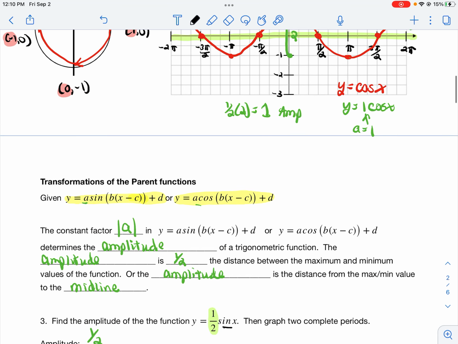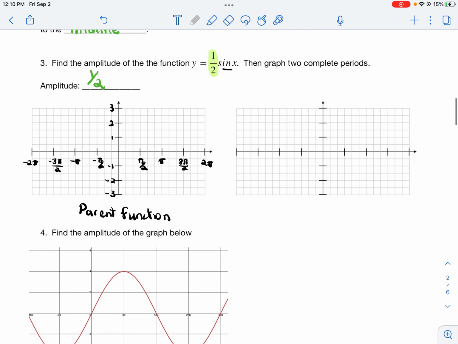So, to graph my parent function of sine, I'm identifying my midline, which is right through the middle here. I'm going to be on the midline, above the midline, on the midline, below the midline by 1, and on the midline.